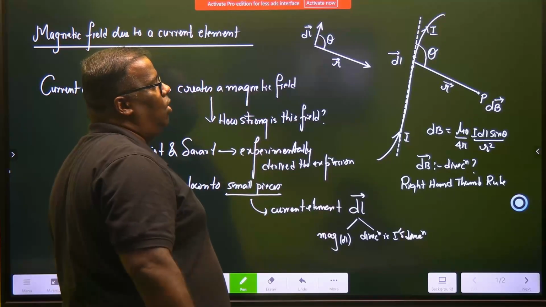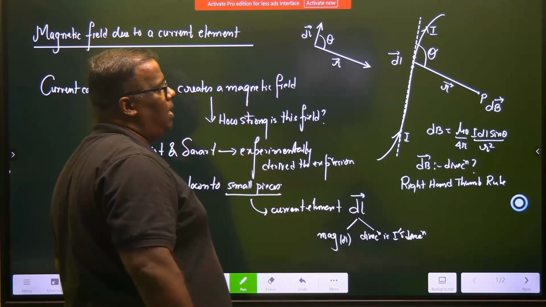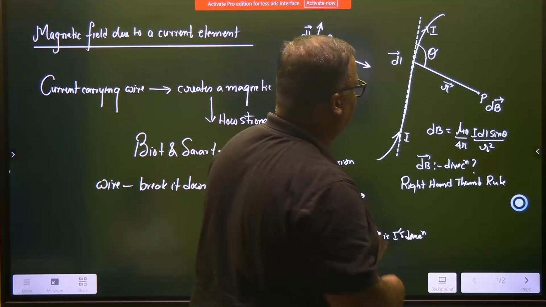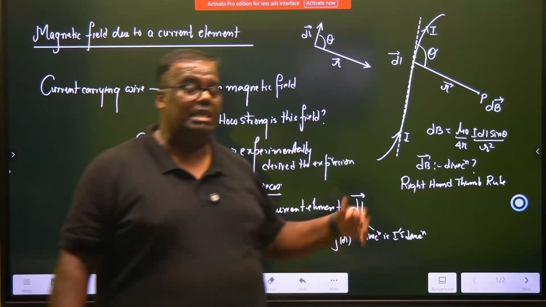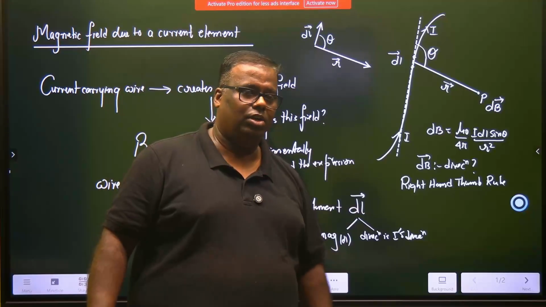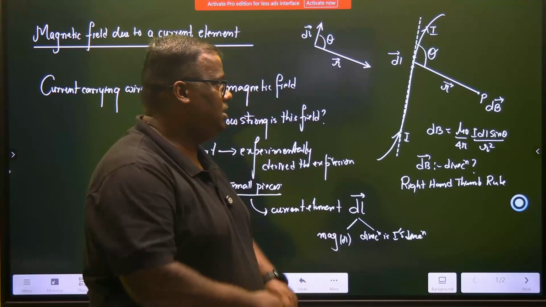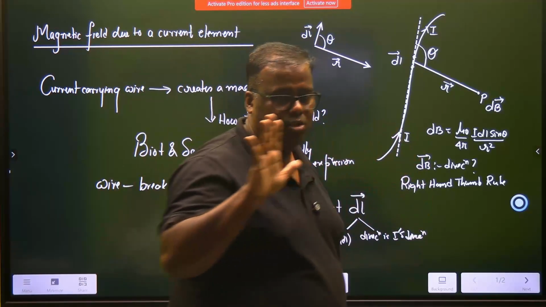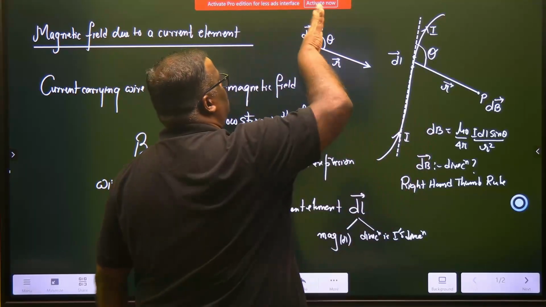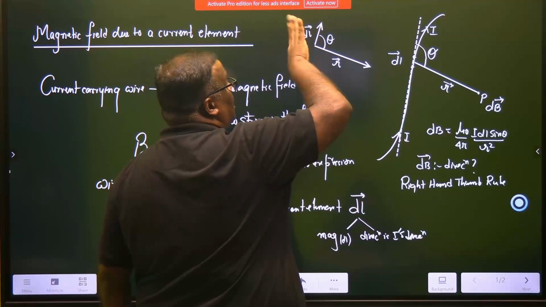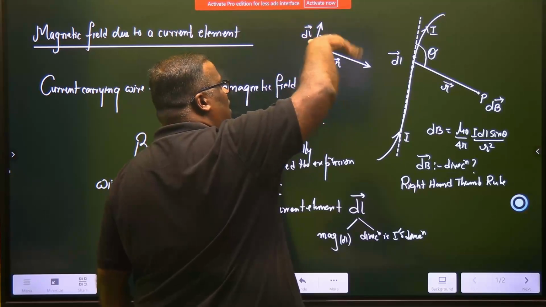Or else you can also say dB as a vector came out from the cross product of dl and r. Got it? You know how to do cross product with your right hand thumb rule. Take your hand and position it with dl. dl cross r means move dl towards r.